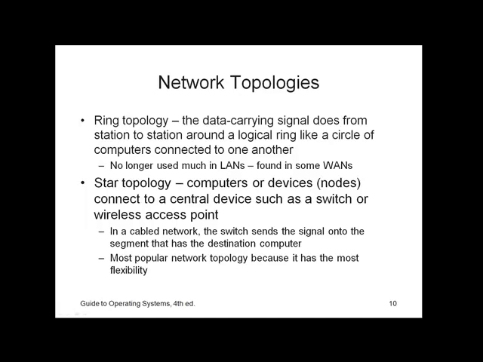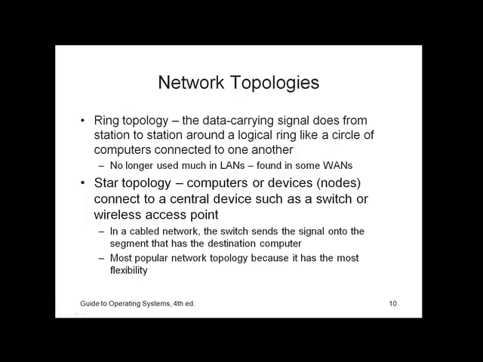Now, a star topology basically allows computers or devices, which we refer to as nodes, to connect to a central device, such as a switch or a wireless access point. Now, in a cable network, the switch sends the signal onto the segment that has the destination computer.